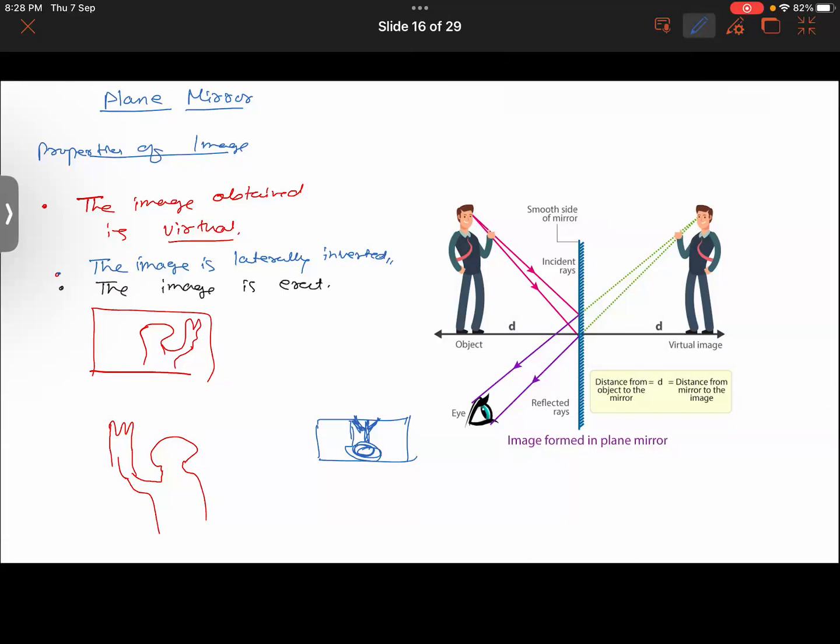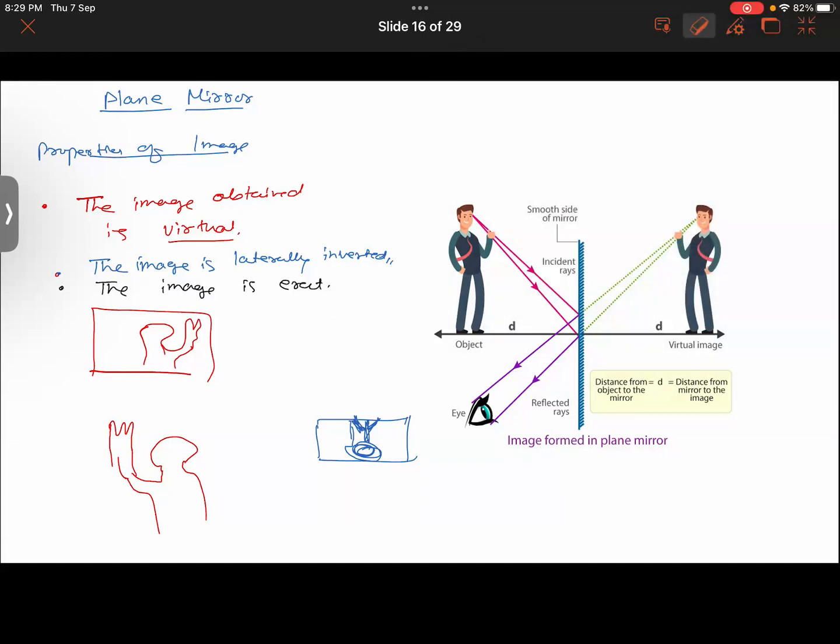Look at this figure here. This is your plane mirror, this is the object, and this is the image of the object that you call a virtual image, because it is not actually there. The interesting thing is that the distance from the object to the mirror and the distance of the virtual image from the mirror are always the same.